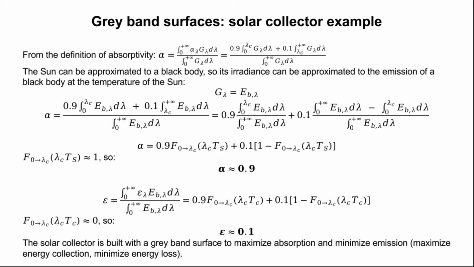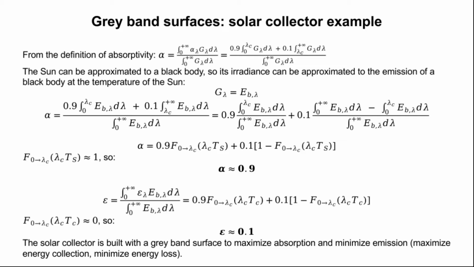The sun can be approximated to a black body, so its irradiance can be approximated to the emission of a black body at the temperature of the sun. Substituting the expression of g lambda into the equation, we obtain that alpha is equal to 0.9 times the emission fraction from 0 to lambda c, plus 0.1 times 1 minus the same emission fraction. The emission fraction in case of absorption is calculated with the cutoff wavelength and the temperature of the sun. The values of the emission fraction of a black body are usually reported in tables in textbooks.